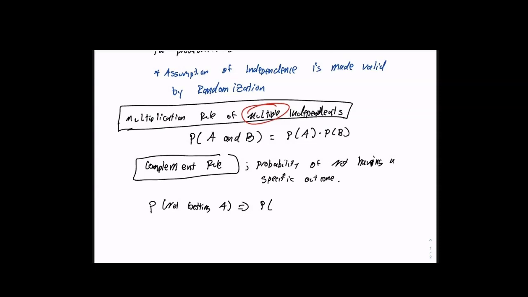I like to use the squiggly, so we say, right here, not A. In probability, that squiggly line means not. Sometimes you might also see the notation with a little C, C for complement. But I like to utilize the not A. The probability of not getting A is 1 minus the probability of getting A.